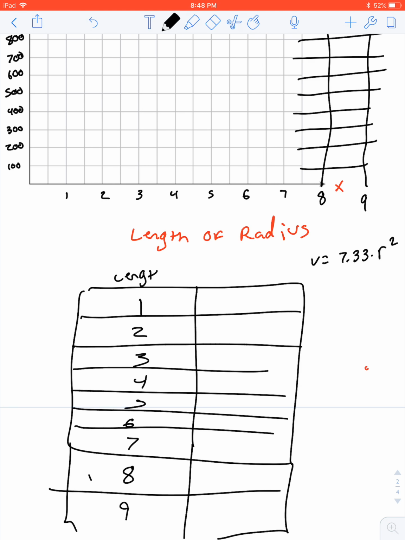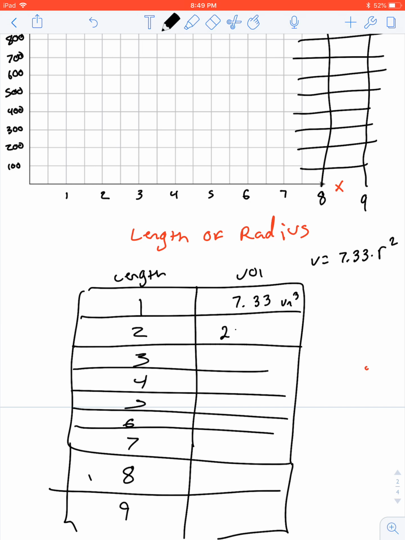Okay. So I have a length, and then this is my volume. I'm going to go ahead and plug away in things here. First of all, this is going to be 7.33. Obviously, it's going to be units cubed.